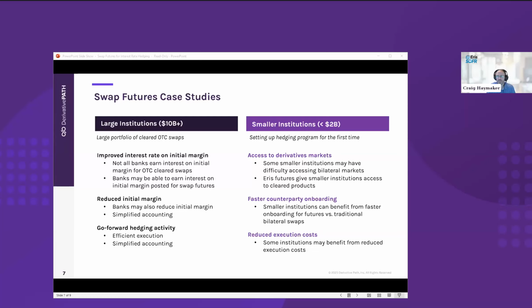As we think about operationalizing this, the simplification of it, the streamlining, we talked about single units of account, we talked about the accessibility of it. Look, setting up a futures clearing agreement is far less in scope than putting an ISDA in place.